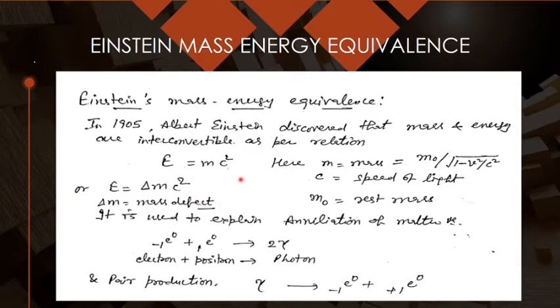So this relation is correct, and this Einstein relation was used to explain the annihilation of matter and pair production, where an electron and a positron combine to give a photon, or otherwise a photon breaks up to give an electron and a positron. A positron is similar to an electron, with the same mass but a positive charge.